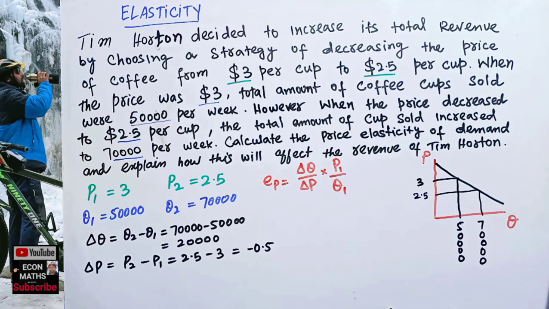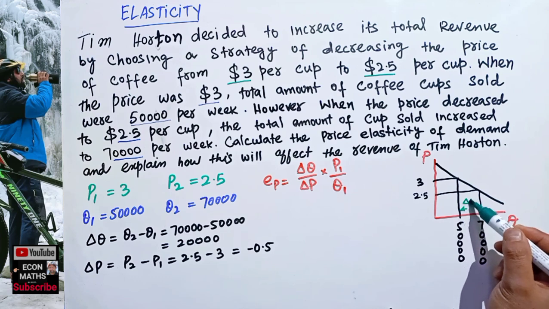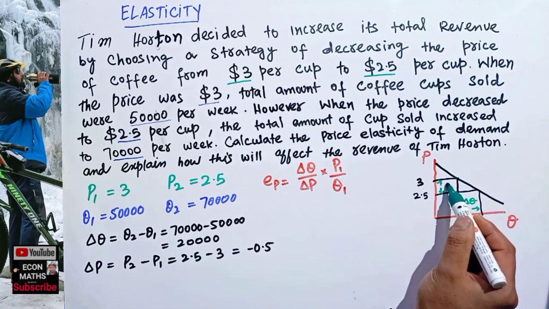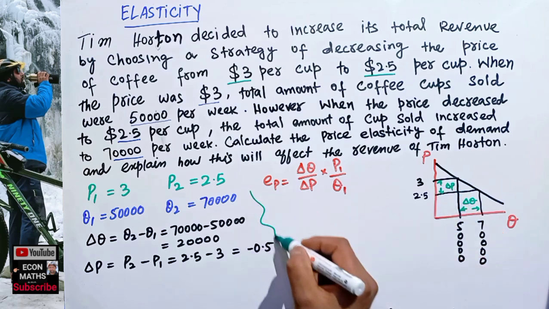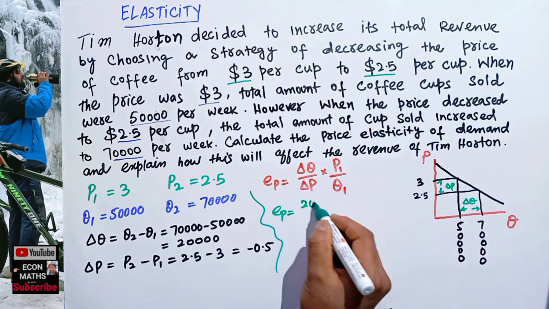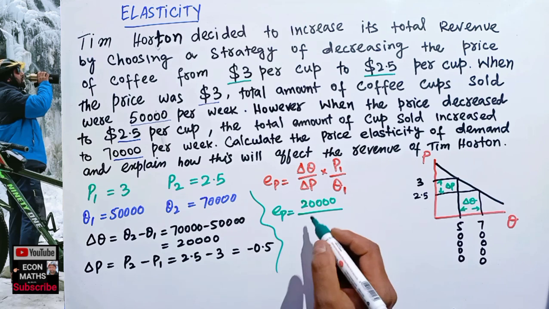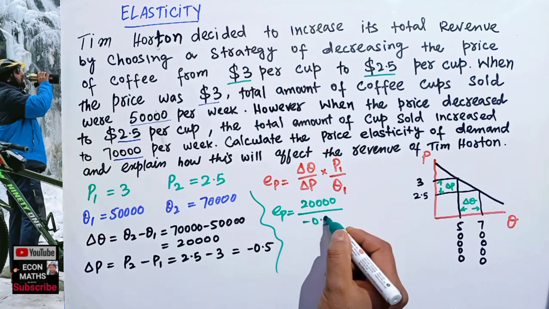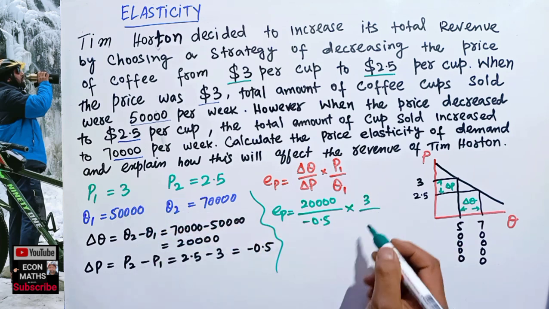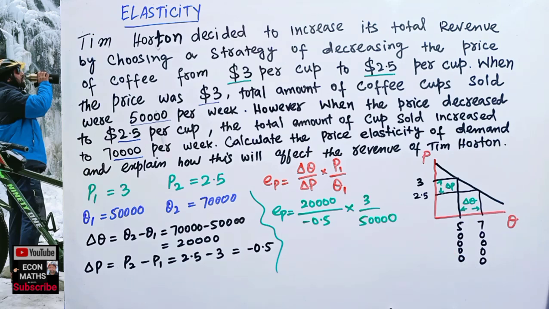Now what is elasticity of demand? Simply change in quantity upon change in price. So our elasticity of demand will be change in quantity, which we calculated as 20,000, upon change in price, minus 0.5, times initial price 3 upon initial quantity 50,000.